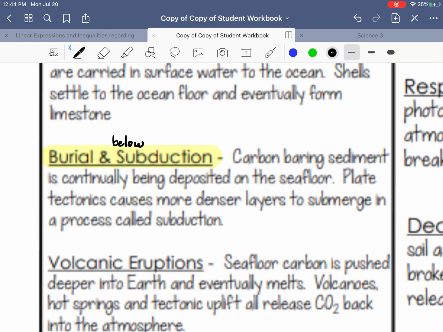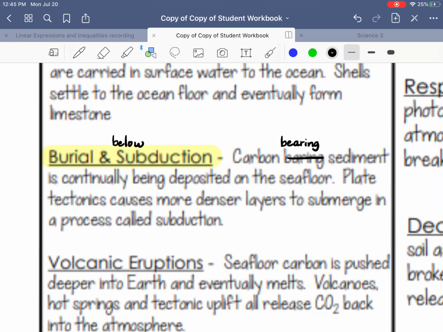But what is subduction? It says carbon-bearing sediment, and this is an error. That should be this word bearing, not that one. Carbon-bearing sediment is continually being deposited on the seafloor.